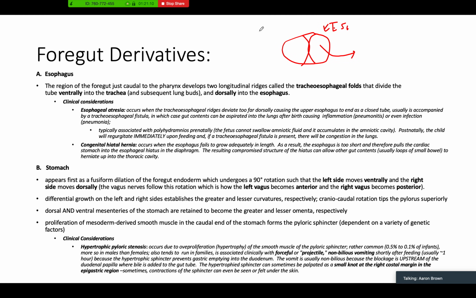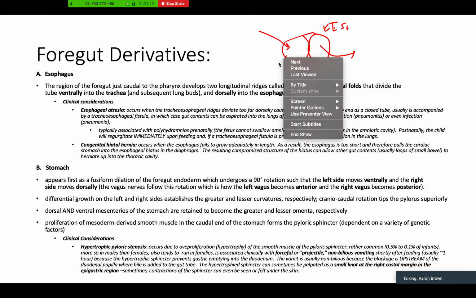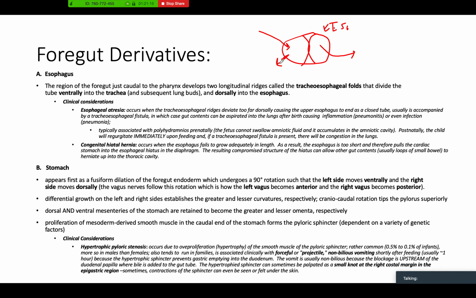Okay. And then the other is going to go on to form our lungs. And so this would be our trachea. But the important thing is to know that the trachea and the esophagus, besides the fact that they are right next to each other in grown human beings like you and me, originally they started off as one single tube. And then that tube breaks off into two.